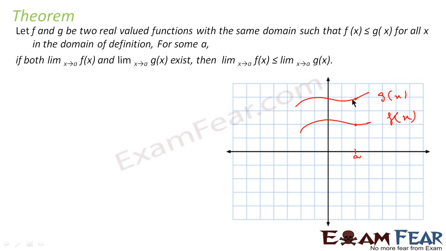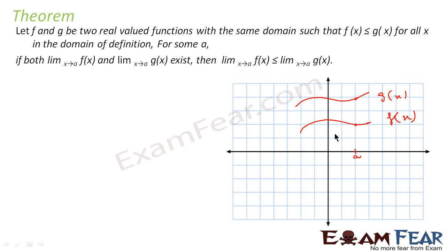If there are two functions such that f(x) is always less than g(x), that is g(x) is always bigger, then at any point, if the limit exists for both f(x) and g(x), obviously the limit will also have the same property, that is the limit of g(x) at x equal to a will be greater than the limit of f(x) at x equal to a. It's a very common sense assumption.